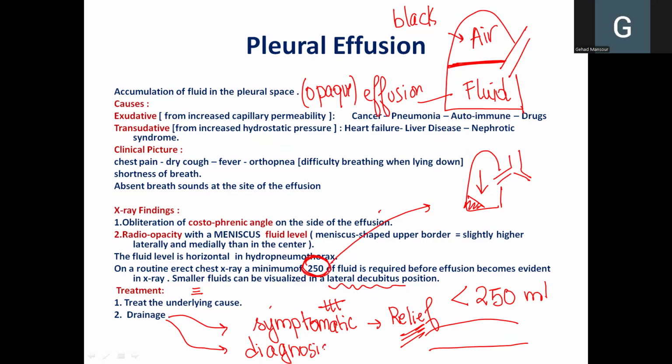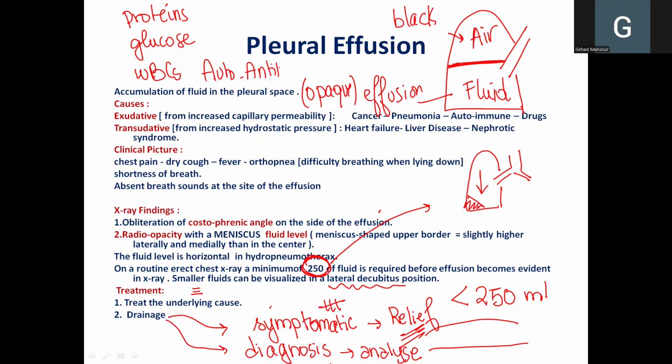After you aspirate the fluid, you can analyze it for several components. As we said before, you can analyze it for proteins, for glucose, for white blood cell content, for autoantibody content.